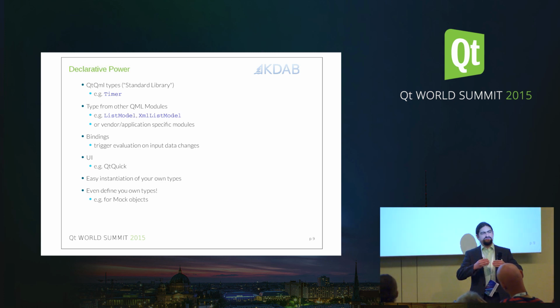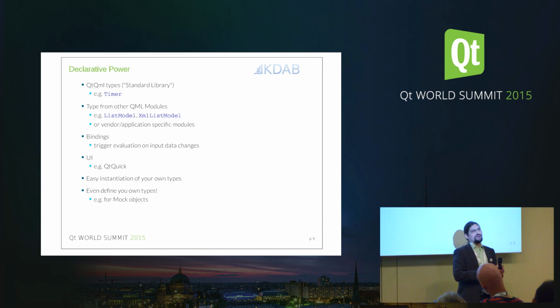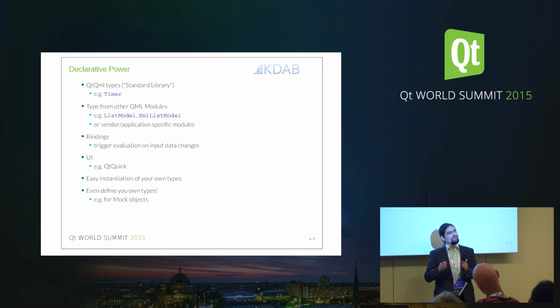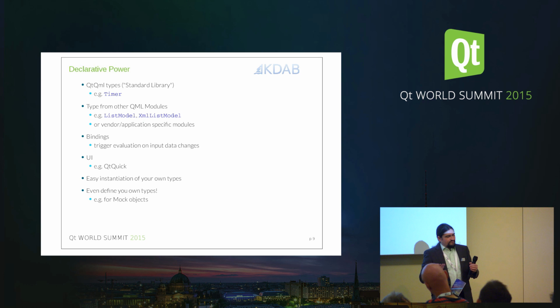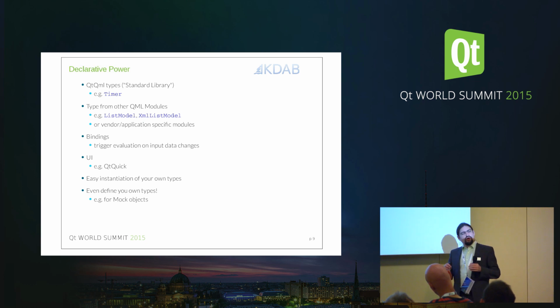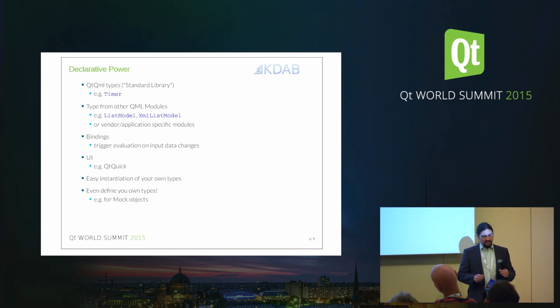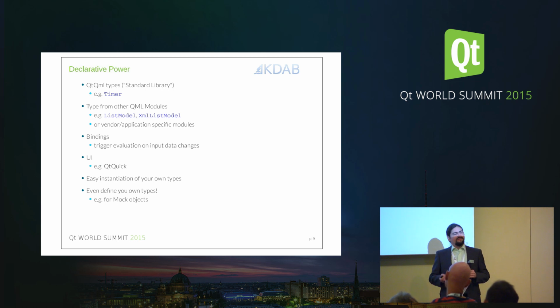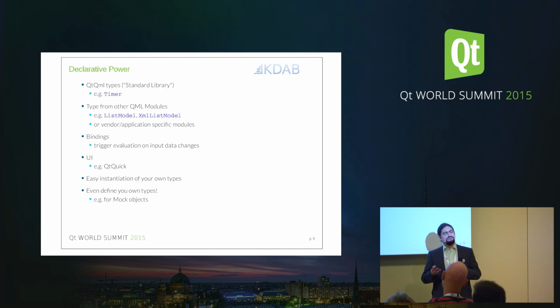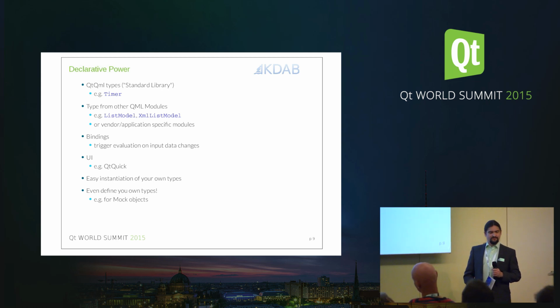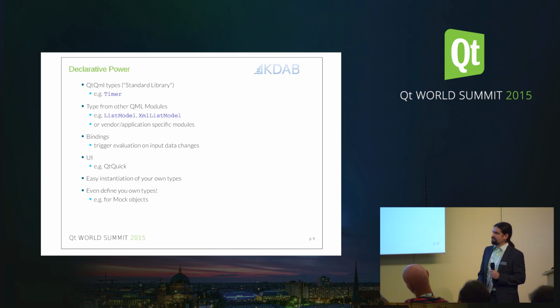Or if you have separate teams, one working on the UI and one working on libraries, and you have interfaces defined, you would otherwise have to create mock objects in C++. You can easily create the mock objects using the engine, and then your UI team can already work with objects that even provide data with signals and slots and so on. I also have an example for that.